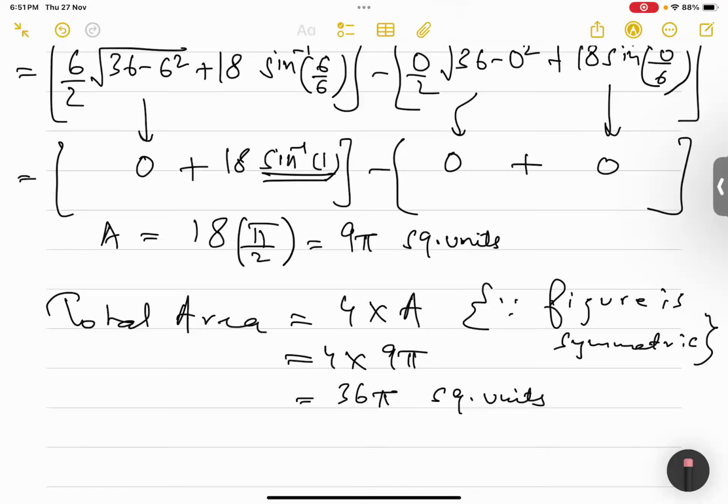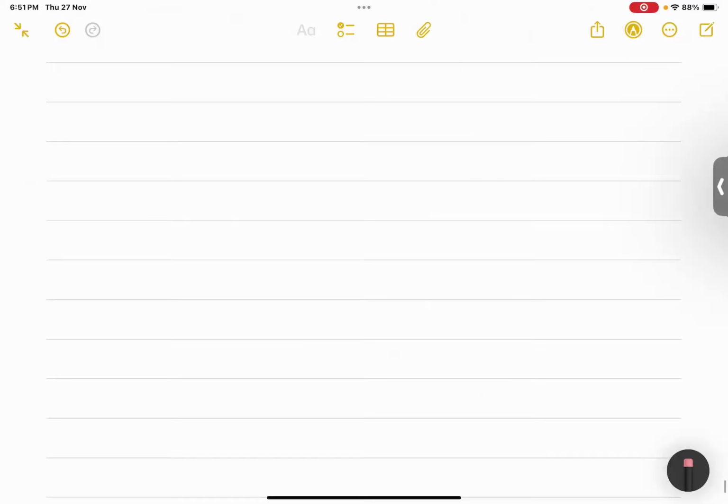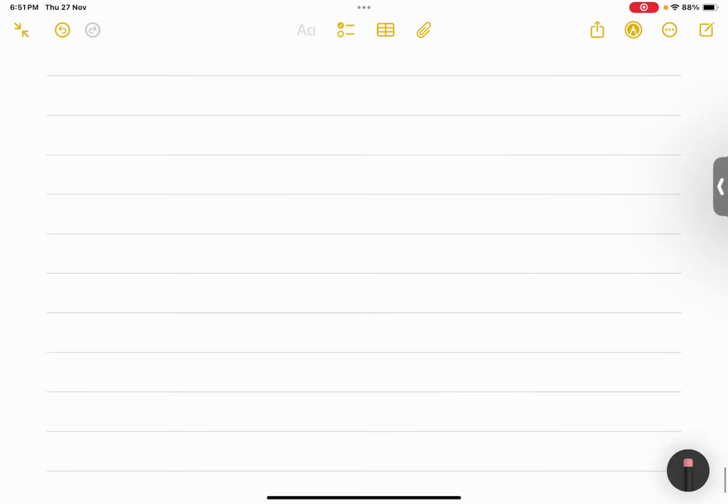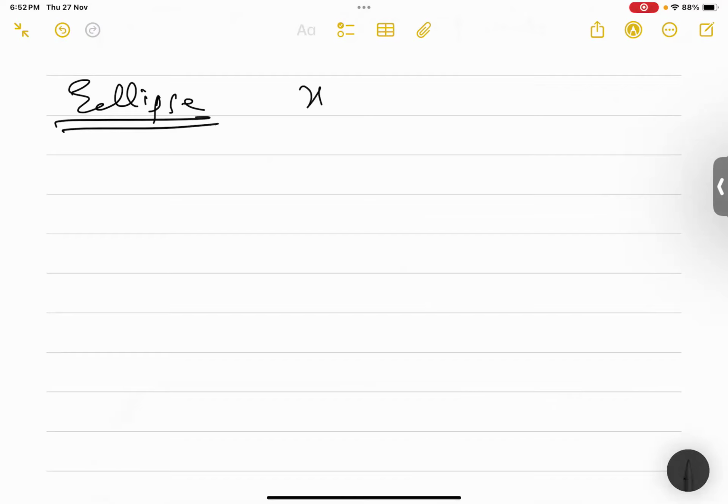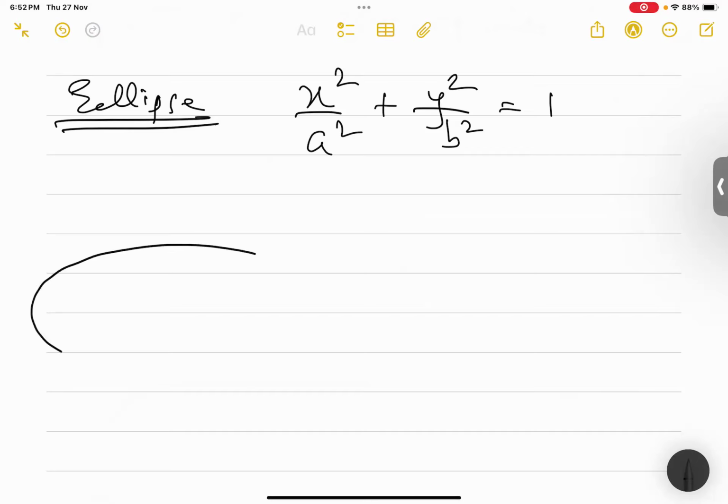Now let's go to the next problem, that is ellipse. The equation of the ellipse is x square upon a square plus y square upon b square is equal to 1. There are two ellipses.